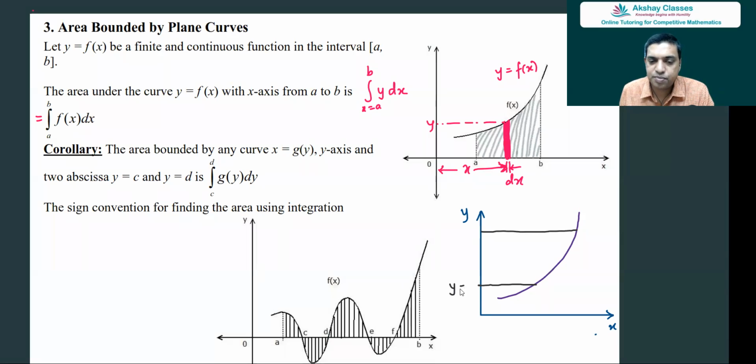This is with respect to y-axis. Y equal to c, y equal to d. Now, when I have to do this, I have to integrate with respect to y. Y changes from c to d. So how do I choose the elemental strip? The elemental strip that I choose is this strip.